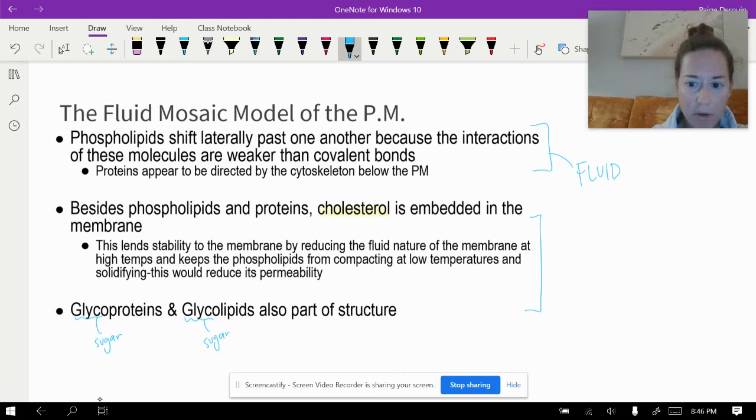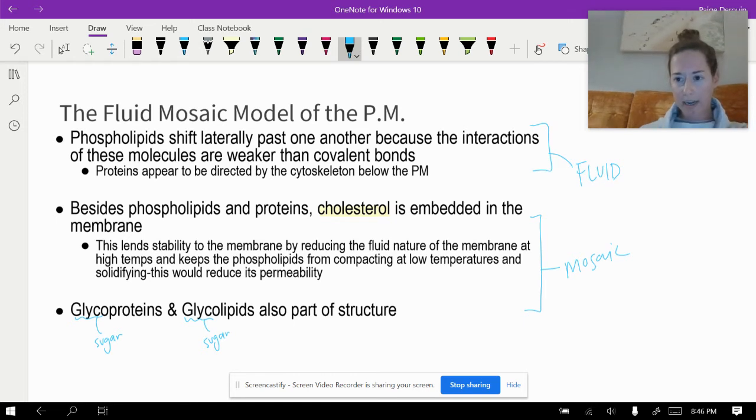That's what makes it a mosaic, which if you've ever seen a mosaic or made one, you know that it's many different pieces that come together to make a picture. And that's sort of what I was trying to describe with the ball pit and swimming pool with the floats and all that stuff. That would be kind of like a mosaic. So that's why it's called that.